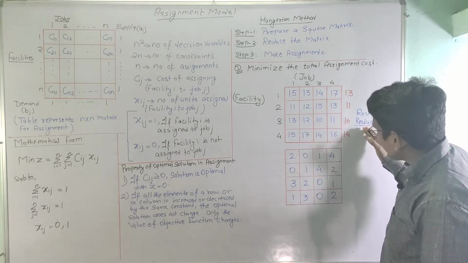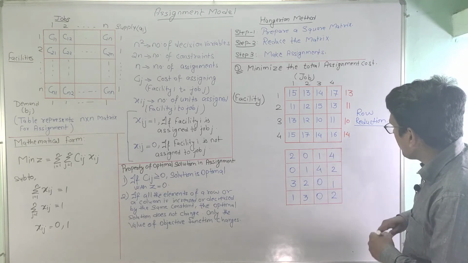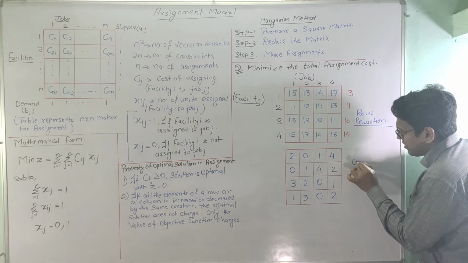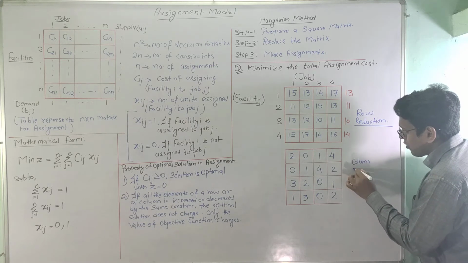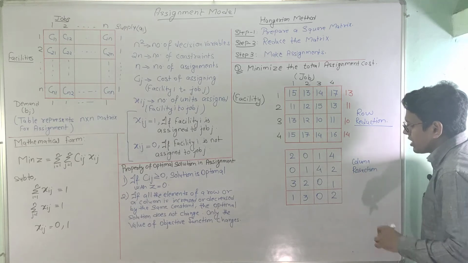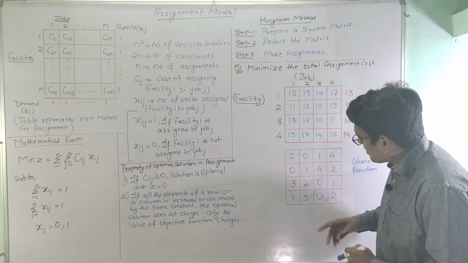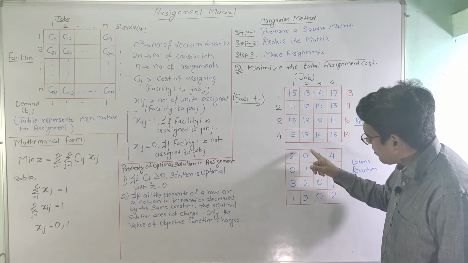If we are not getting zeros in each row and in each column, we need to apply column reduction as well. So now we will apply column reduction. Now we will select the minimum value in the column and subtract it from all the other cells.